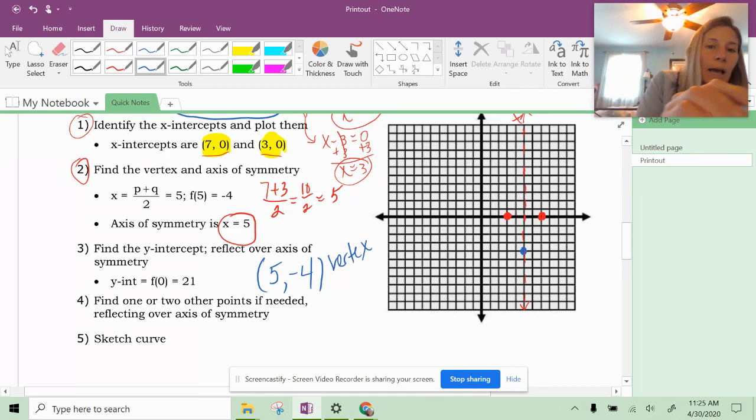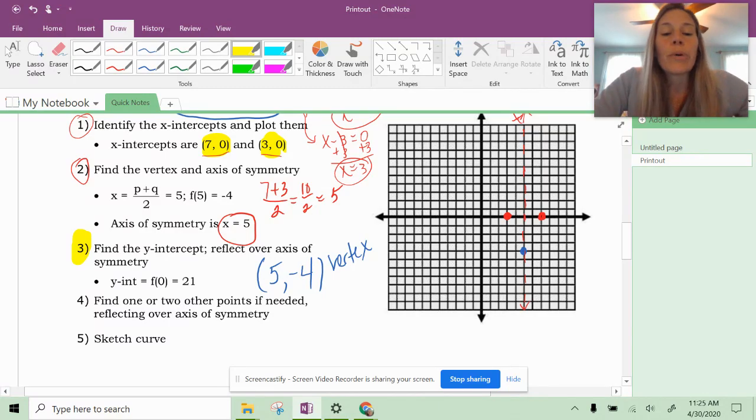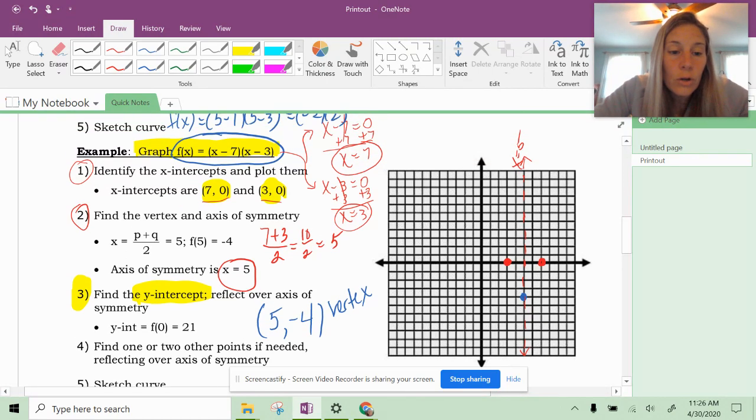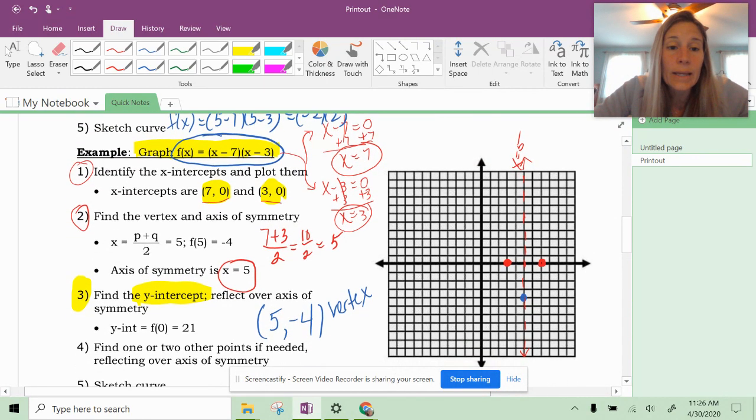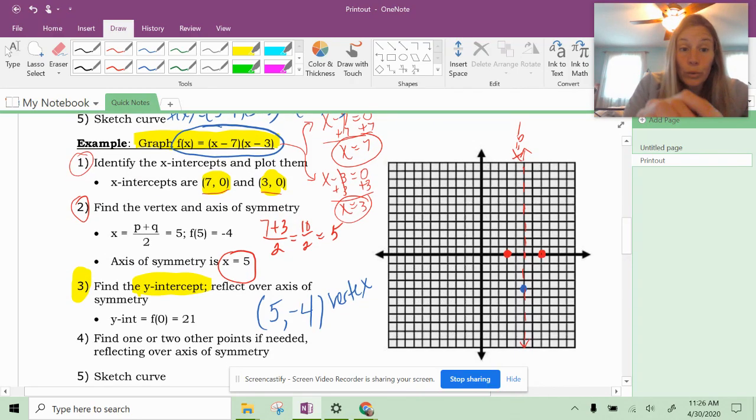Now, this next step, we didn't really go over yesterday, but it is worthwhile to note. It says find the y-intercept. That's the point where the graph crosses the y-axis. To do that, you just substitute in zeros for the x's.